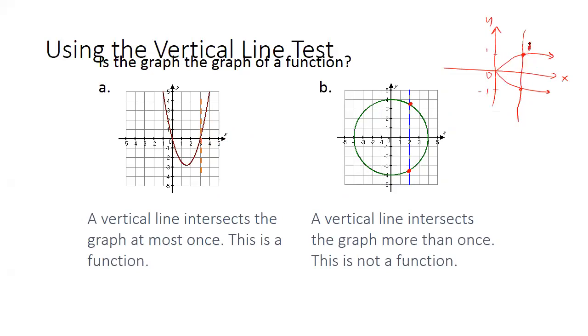This would be 1, comma 1. This would be 1, comma -1. You see how they share the same x-value? Before we said just by looking at the ordered pairs, if they share the same x-value, it's not a function. This is just another way to show that the vertical line test helps us, just by looking at the graph, to determine if it's a function or not. If it intercepts your graph at more than 1 point, then that would be not a function.